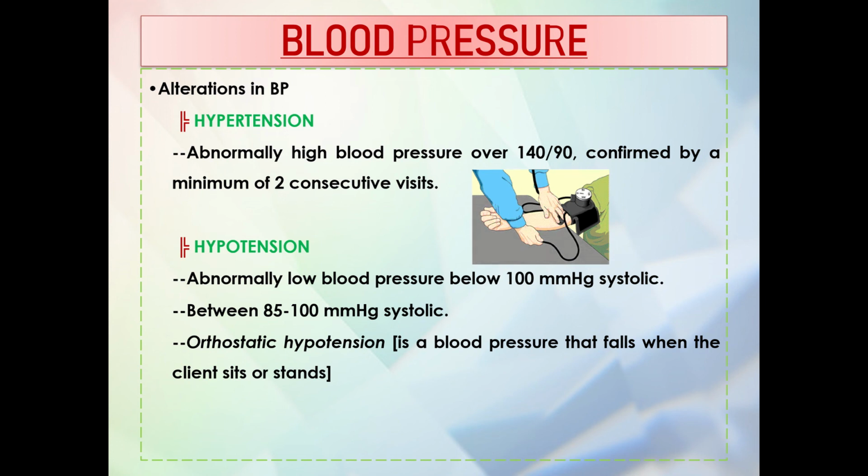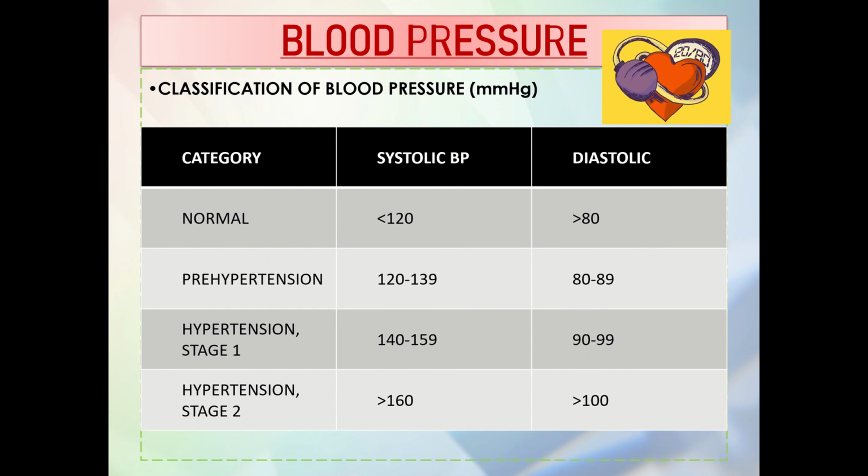And if that is the case, our patient developed orthostatic hypotension because of the sudden change in our blood flow because of gravity. So, that is temporary. So what we advise is that when you change your position, like from supine to sitting, you should do it slowly to prevent orthostatic hypotension.